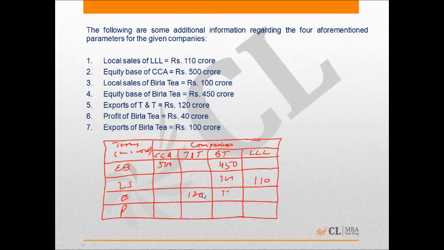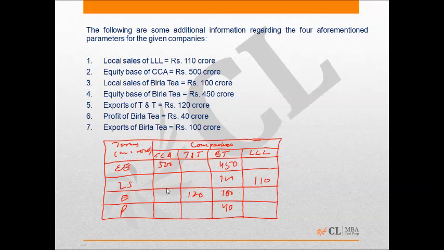Profit of Birla Tea is 40 crore. So this figure has to be 40. Finally, exports of Birla Tea is 100 crore. So in this cell we'll have 100.